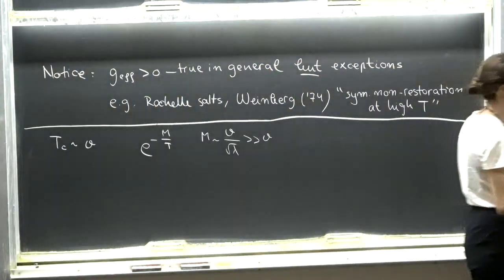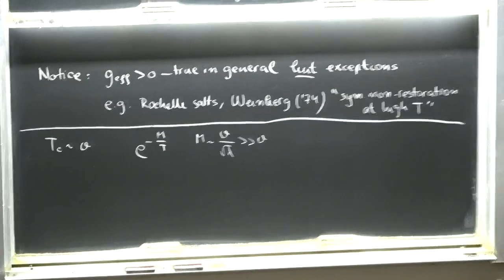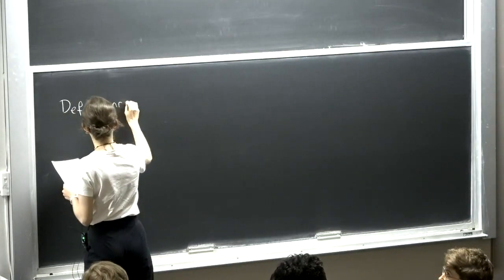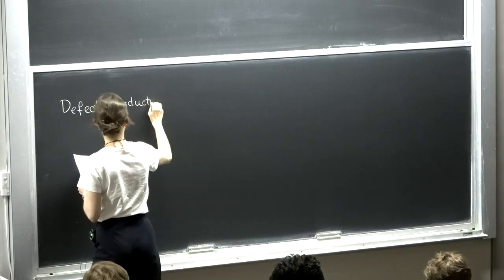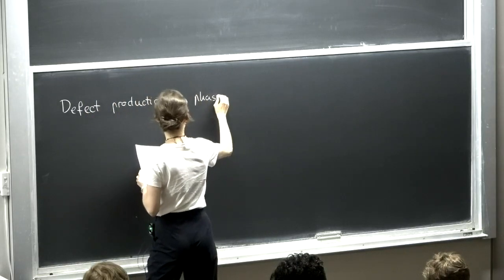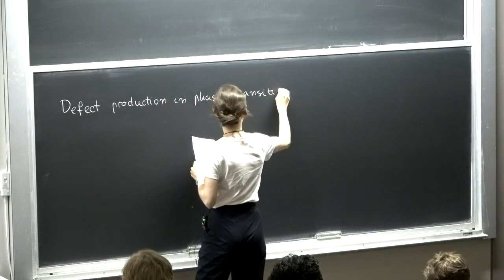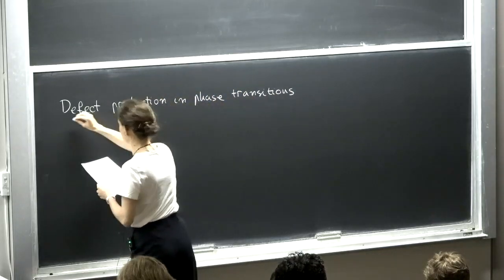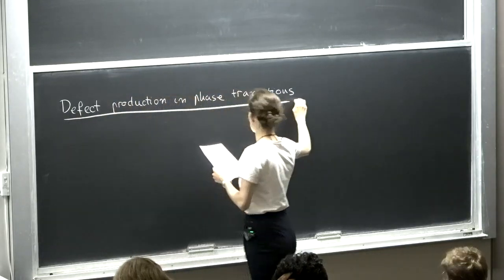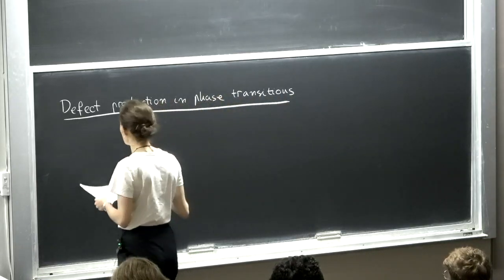Something else needs to happen, and that's where the phase transition plays a very important role. So let me explain that. Production of these types of solitons or defects requires a phase transition.